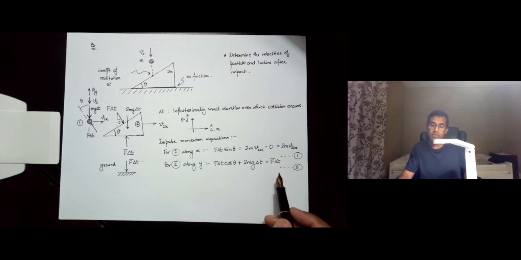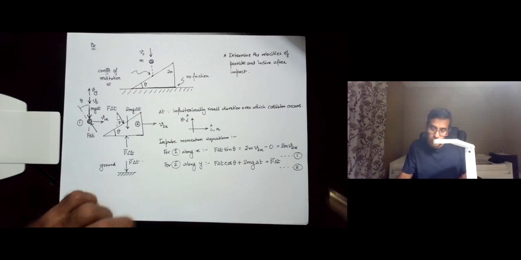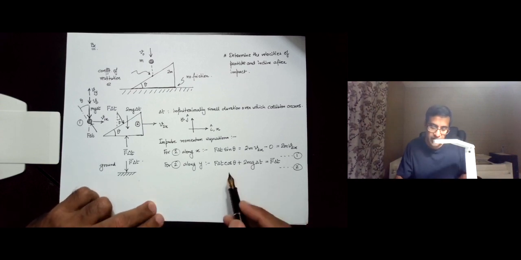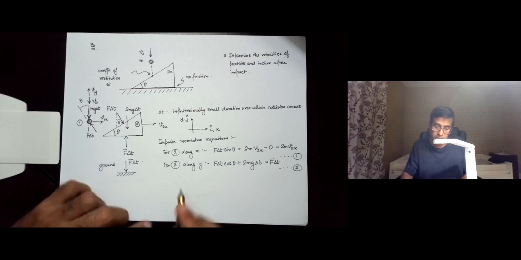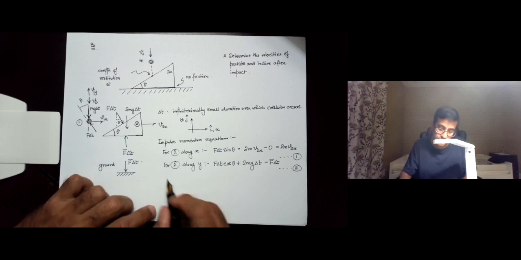So we need to be cognizant of these scenarios, and accordingly formulate our impulse momentum equations correctly, and ultimately arrive at a correct formulation of the conservation of momentum equation, which we are going to get to shortly.